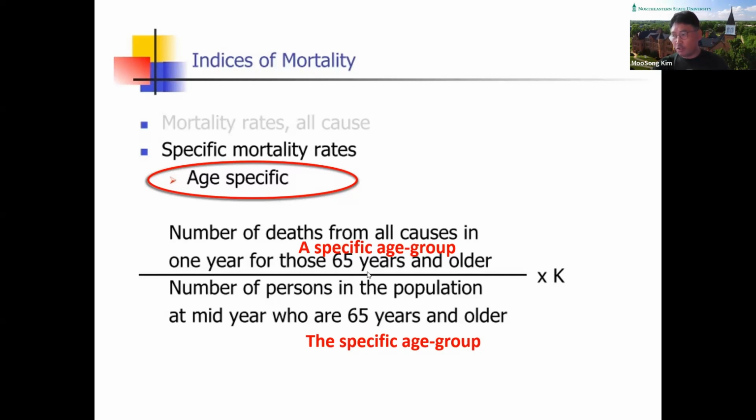In this example, for those 65 years and older, we need the total population for that specific age group, times a constant. Please keep that in mind: we narrow down all deaths to only one specific age group.